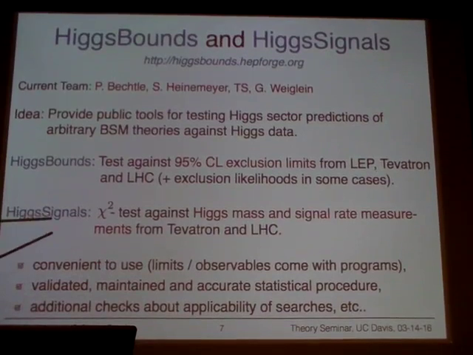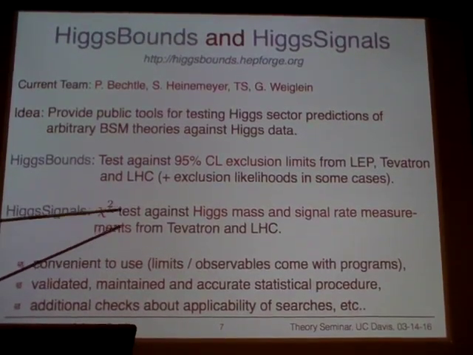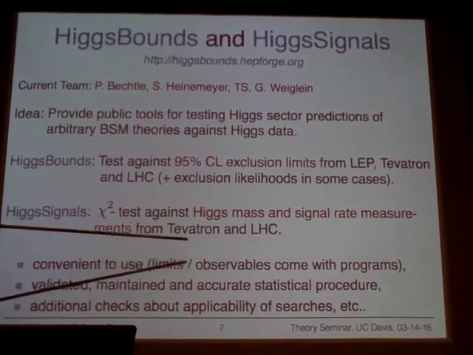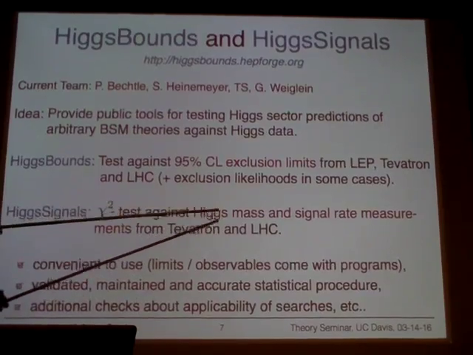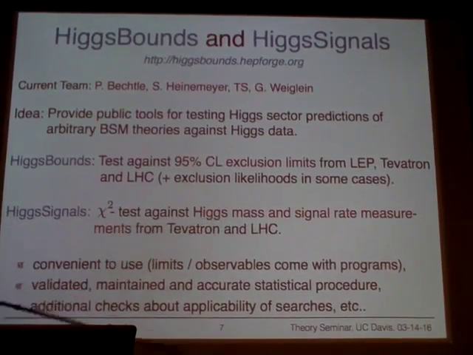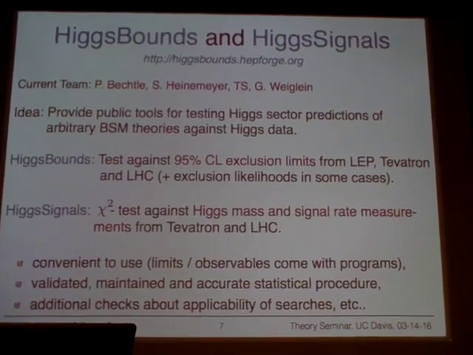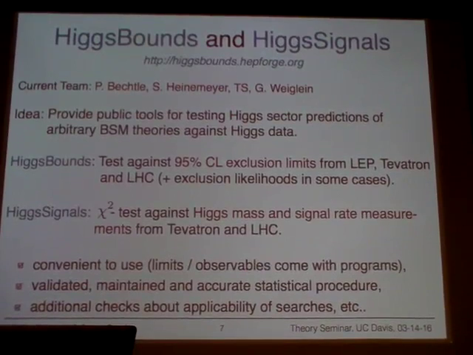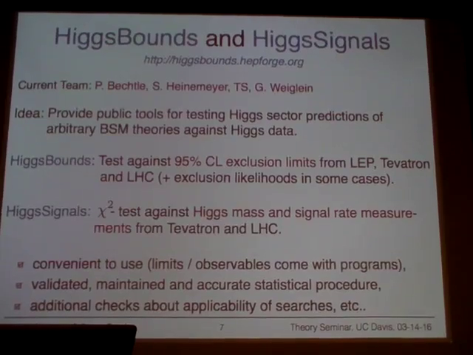And the second code is for the purpose that you confront your model against the rate measurements and the mass measurements, and what this code does is perform a chi-square test. And so the advantage for you as a user is that it's just convenient to use them because it comes with all the limits and the observables. You don't have to implement them yourself.